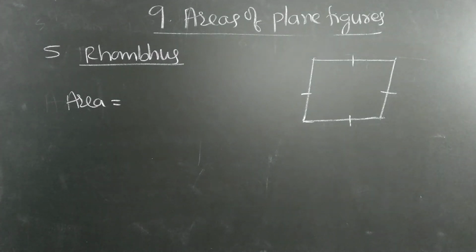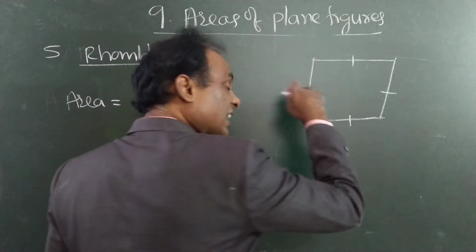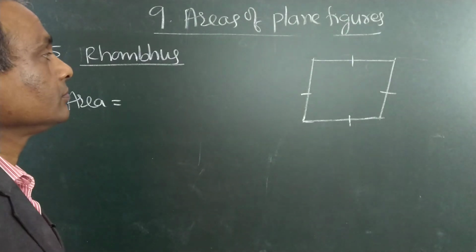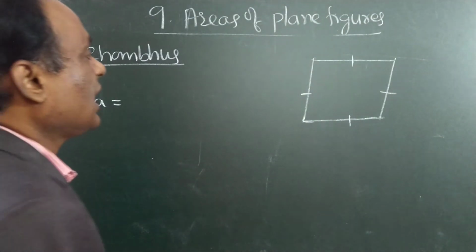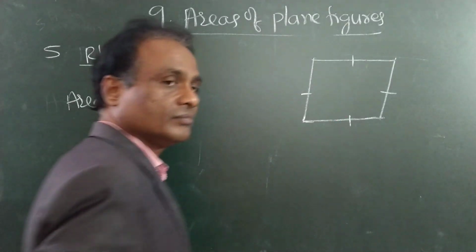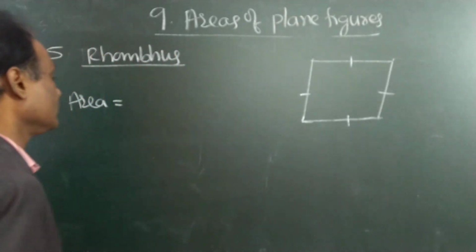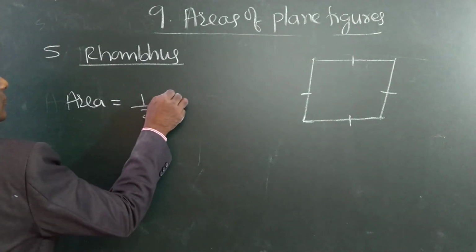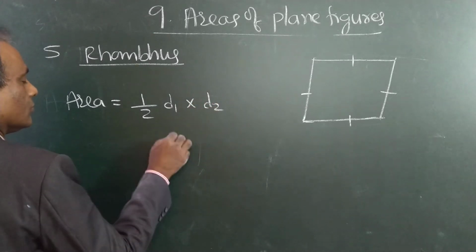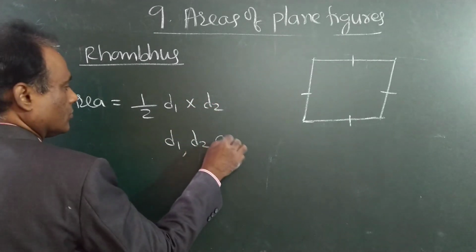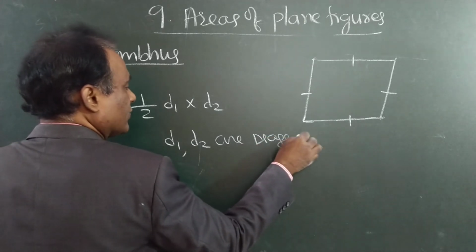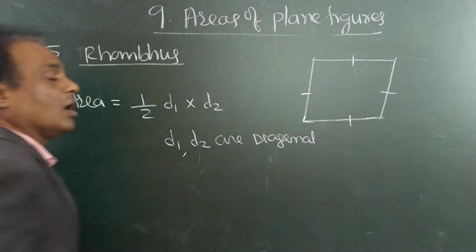It will have four sides, where all sides are equal and opposite sides are parallel.